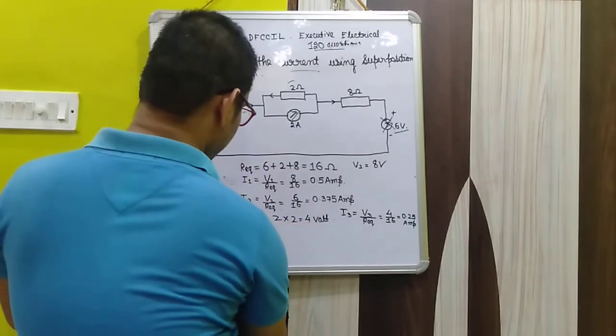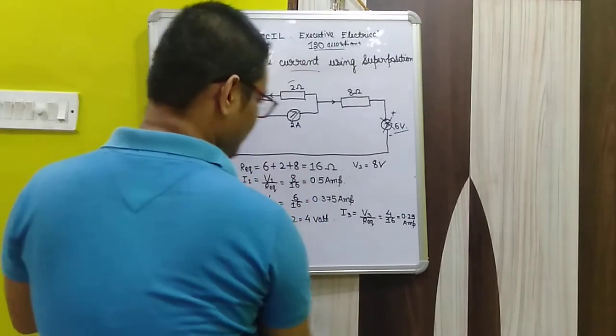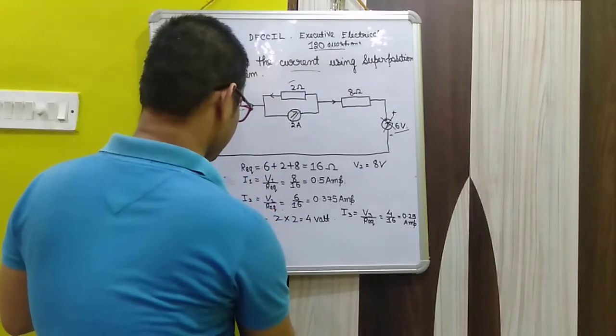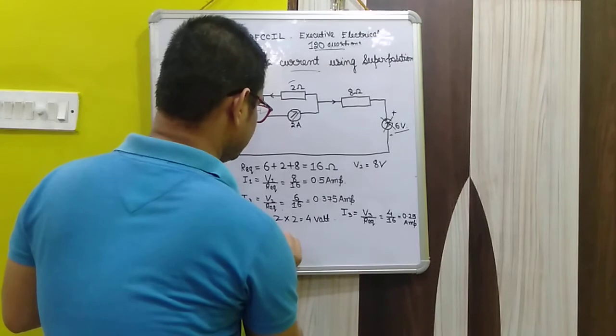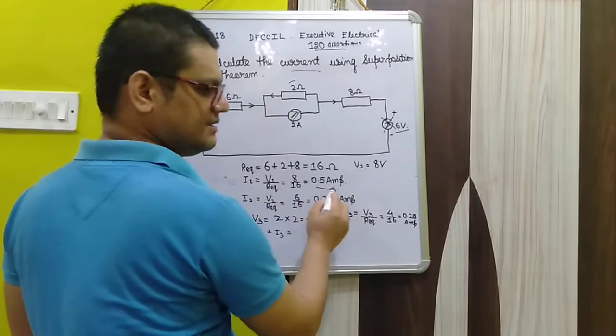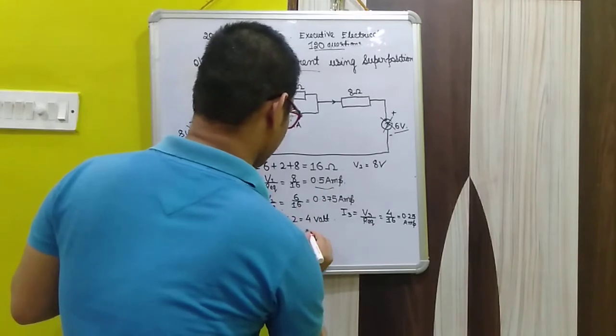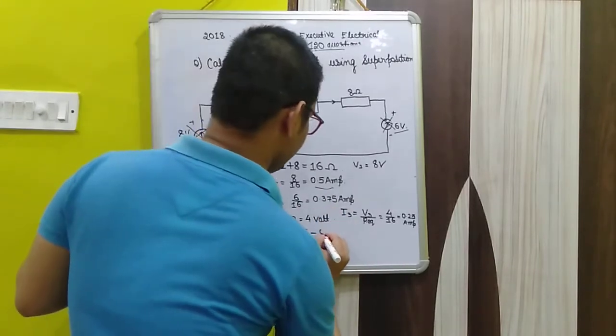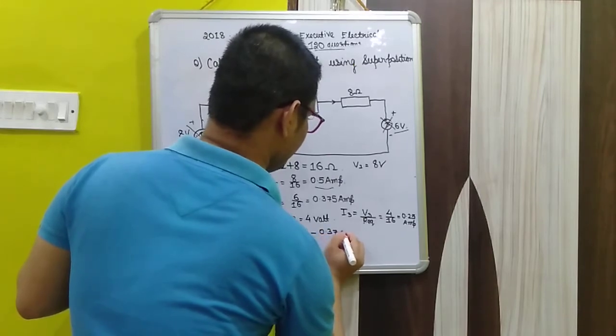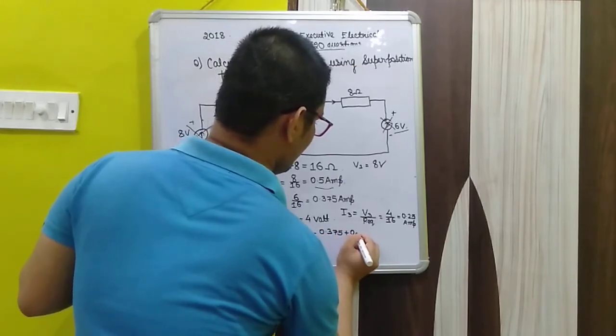So what will be the summation of I? What will be the equivalent current? That is I1 minus I2 plus I3. I1 we have just calculated as 0.5 ampere, so 0.5 minus 0.375 plus 0.25.